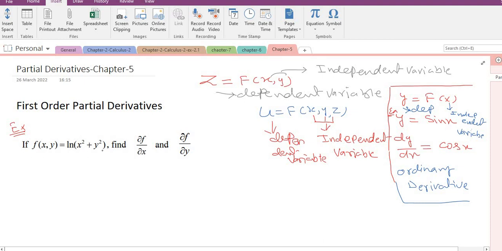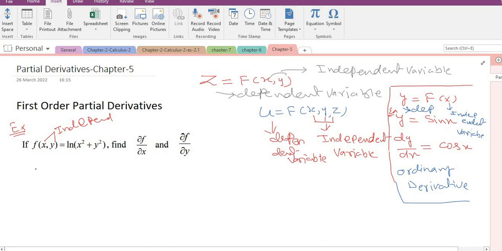How many independent variables are there in f of x y? Two: x and y. So he is asking to find del f del x, the partial derivative of f with respect to x, and del f del y, the partial derivative of f with respect to y.